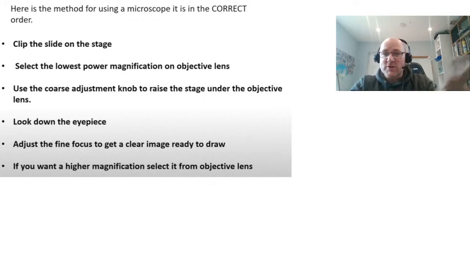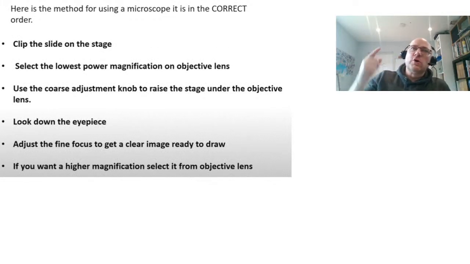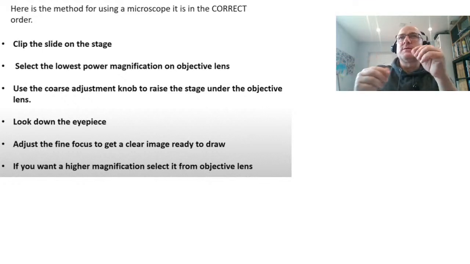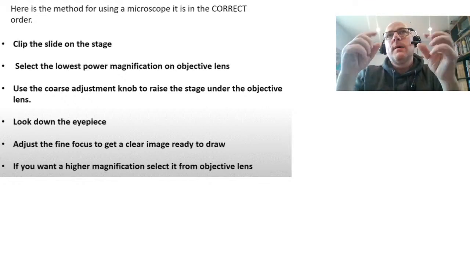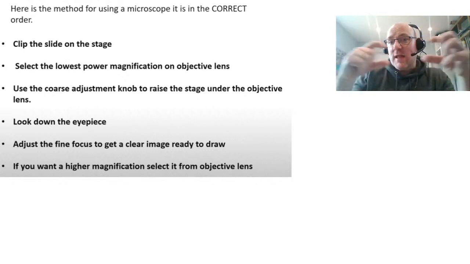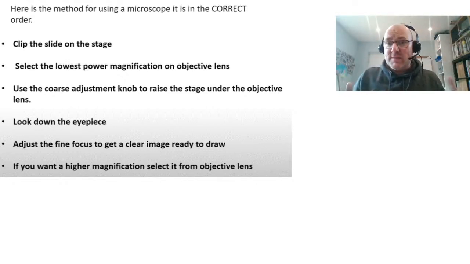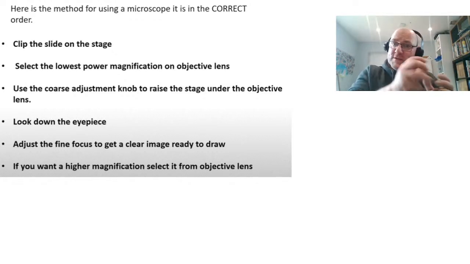This is the correct order. You could be asked something like: Tom made a slide with a specimen of onion on it. He's prepared his slide. Now explain for 4 marks how he would observe the cells using his microscope.